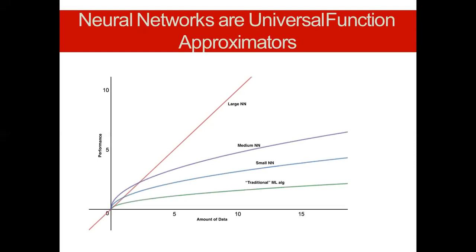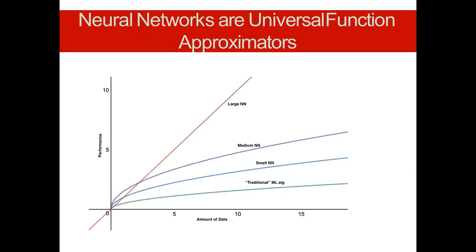This graph shows how different models scale with respect to the amount of data. As you can see, for traditional machine learning models, when you increase the amount of data at the beginning, the performance of the model also increases. But at a certain point, the performance gets flattened.